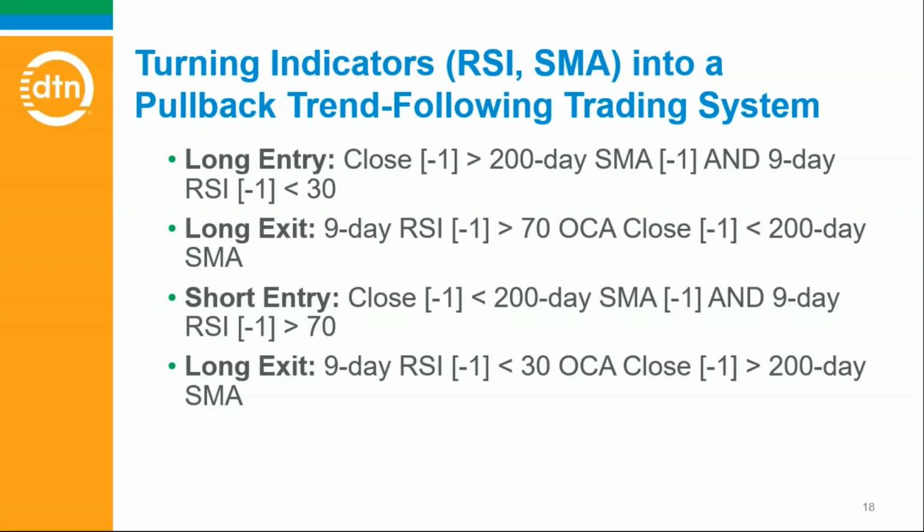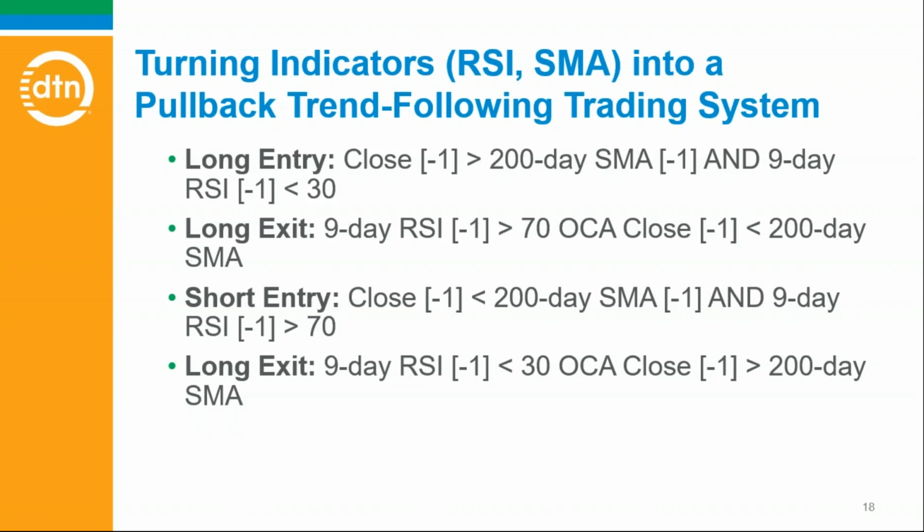Long exit will occur whenever the 9-day RSI has an overbought reading greater than 70, or OCA, one cancels all, one cancels the other, or the whole trend changes when we have a close that is less than the 200-day simple moving average.